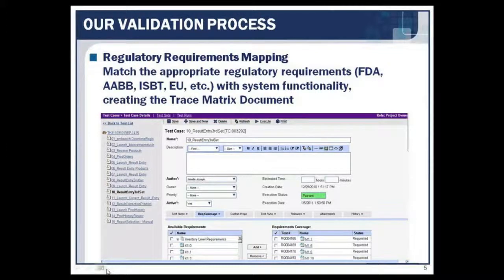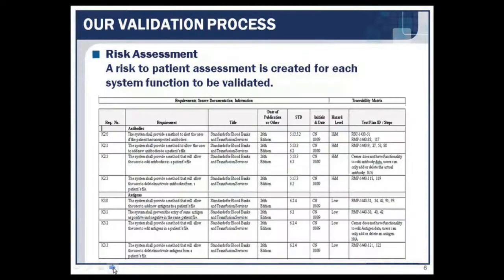We have always supplied a hazard analysis and a trace matrix analysis that traces the hazard, the script, and the requirements we're testing towards. This screen just shows a very rough example of what you'll be seeing in the demo. We have a trace matrix documentation that can easily show you the script, the hazard, as well as the AABB requirement.